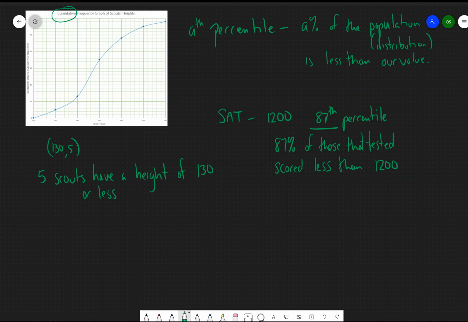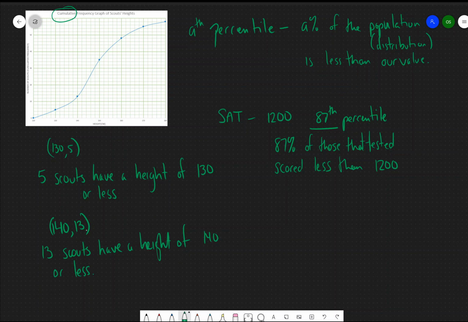This is where part of the name comes from: we are accumulating the frequency. So as we go to the next point here, at 140, it is at a value of 10, 12, 13. I would interpret that as there are 13 scouts that have a height of 140 or less.